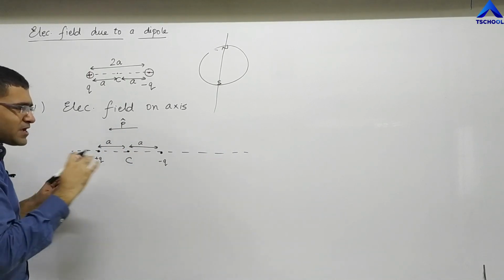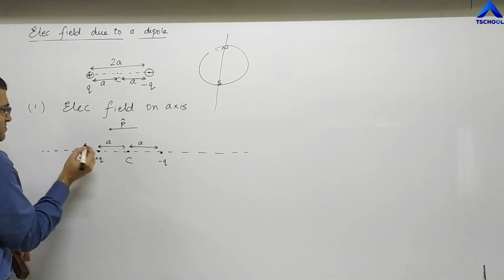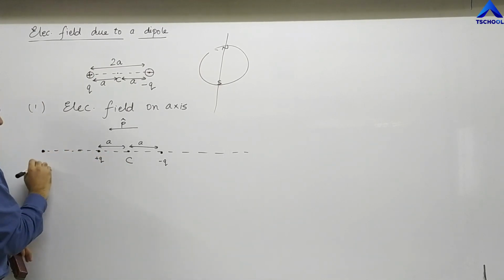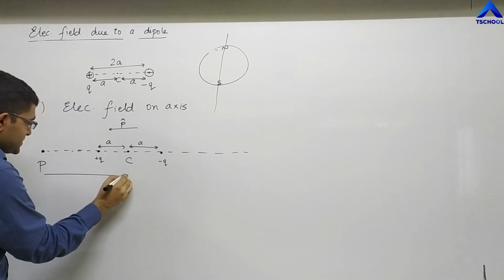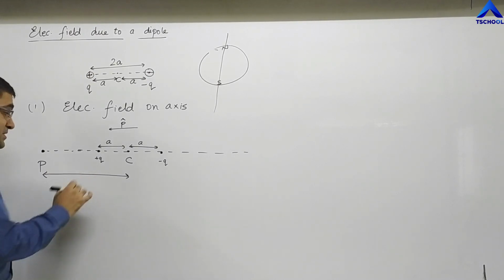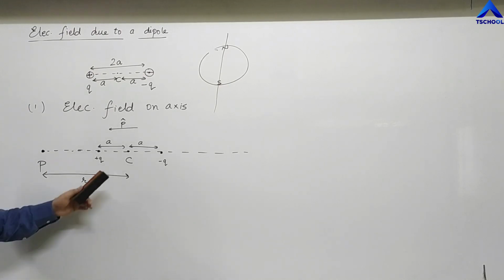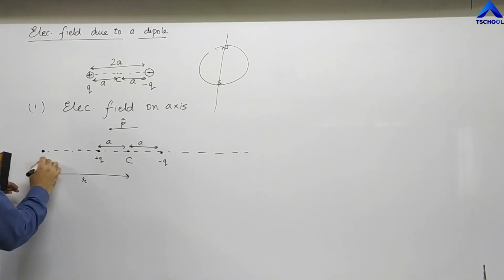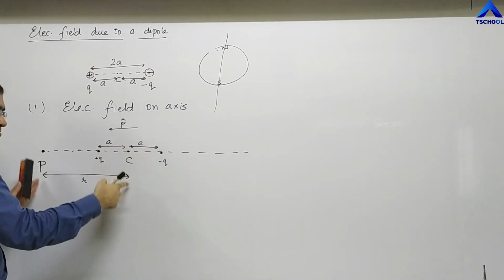Okay, so now we have it this way. Let's take a point on the axis of this dipole. Anywhere on the axis, preferably you should take it over here. Let's say at this point P, such that the distance of that point P on the axis of this dipole is r from the center.